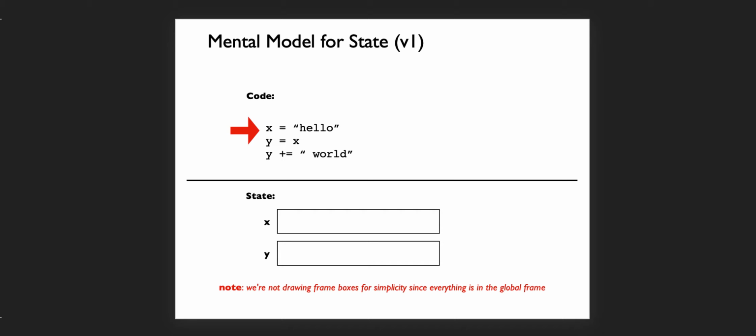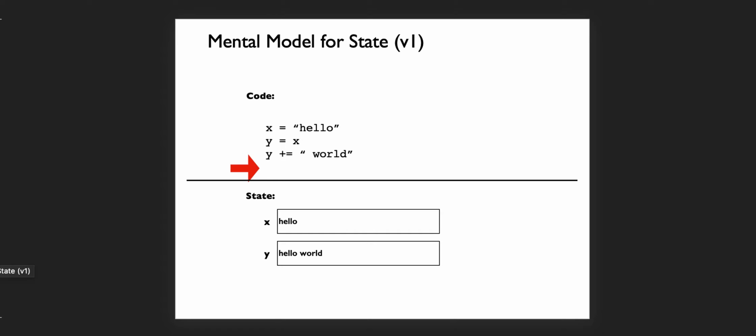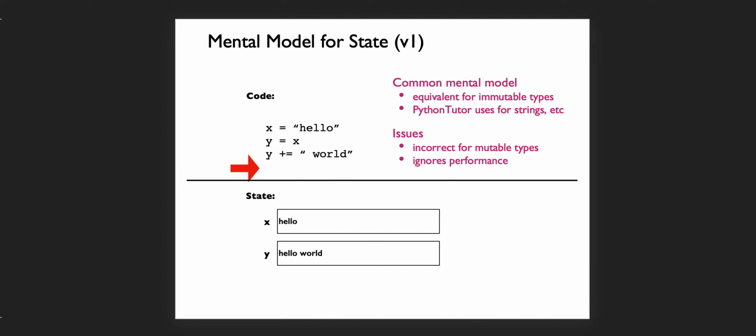The way that we have been seeing it so far is that you have a box for x and hello goes into that, and then you have a box for y and hello goes into that, and then you add on the world substring to the box for y, right? What is lacking with this mental model is that it's actually not correct for mutable types, and it also doesn't take performance into consideration in order to represent exactly what's going on.